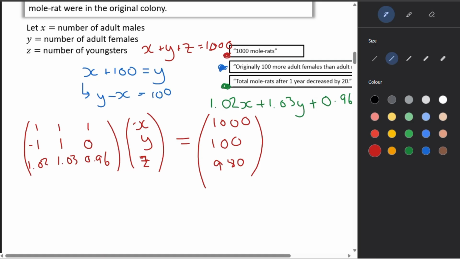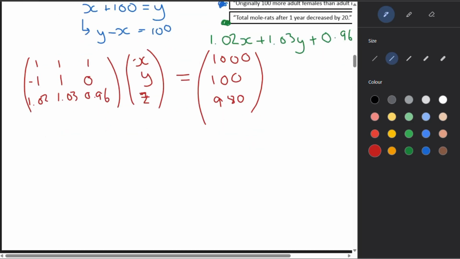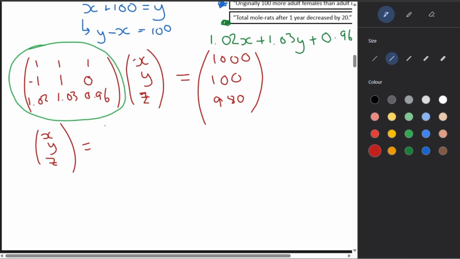So now the next step, remember, we need to find the inverse of this matrix, because we're going to multiply both sides by the inverse of that matrix. You can follow the steps that we did before, but you're effectively going to end up with x, y, z equal to the inverse of that. I'm going to write the bottom row first because that takes up the most space.